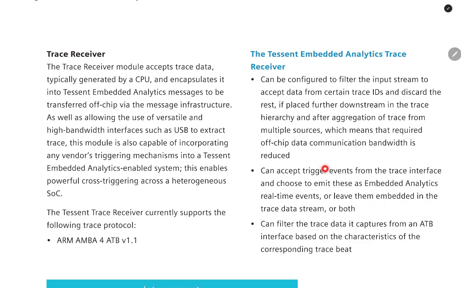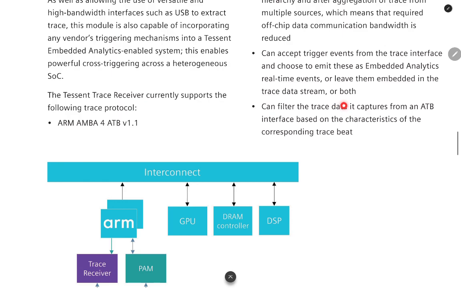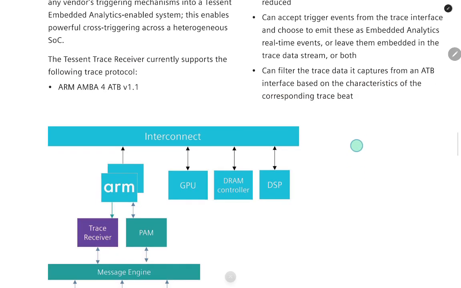It can accept trigger events from the trace interface and choose to emit these as Embedded Analytics real-time events, leave them embedded in the trace data stream, or both. It can filter the trace data it captured from an ATB interface based on the characteristics of the corresponding trace bits.